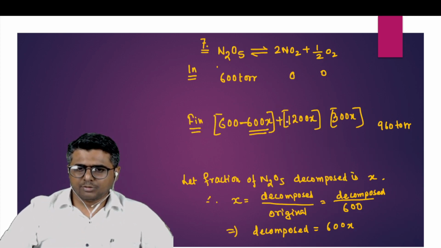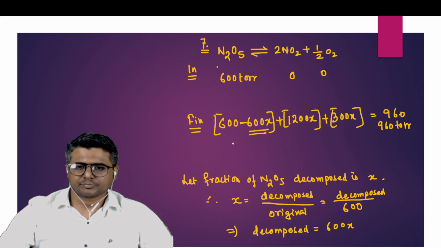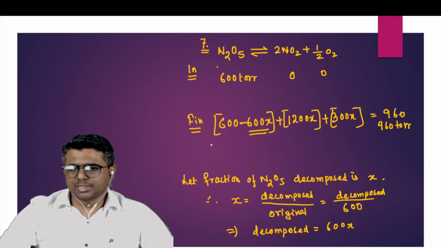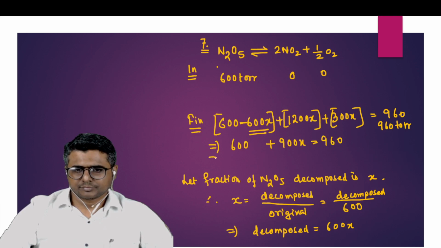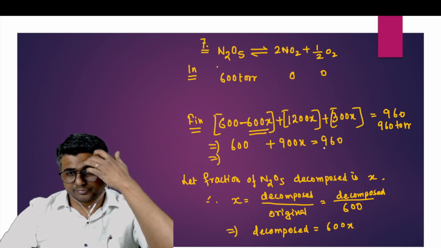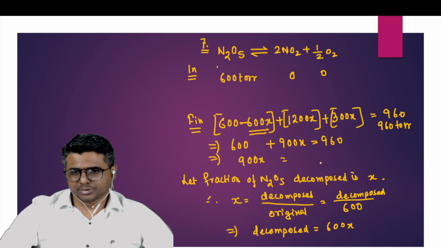If you add all this, this will be equal to 960. Things are very easy now. 600 plus 900x is equal to 960. You can calculate. So 900x is equal to 960 minus 600, which is 360.